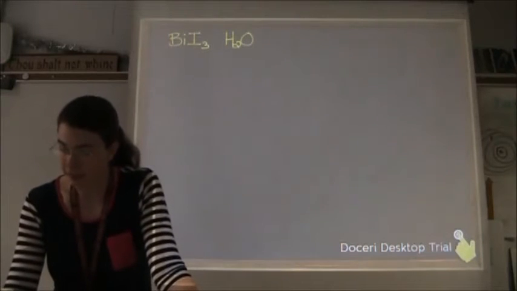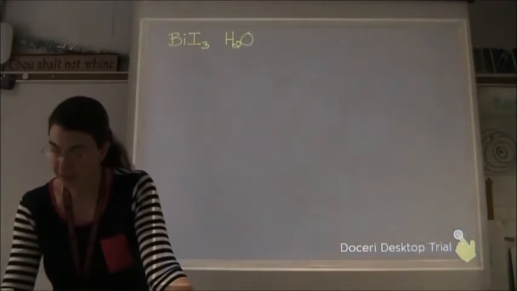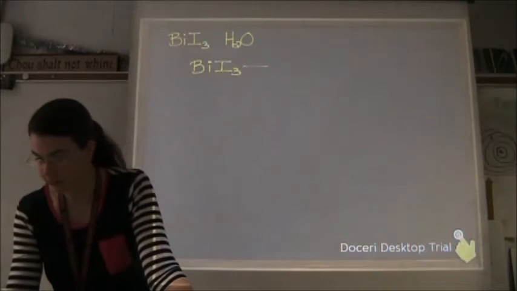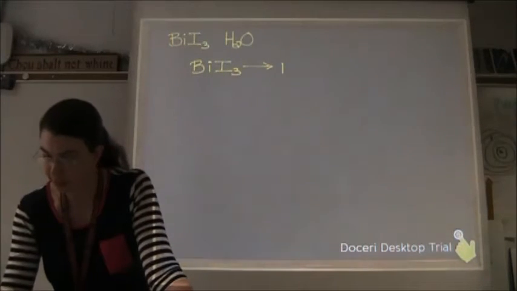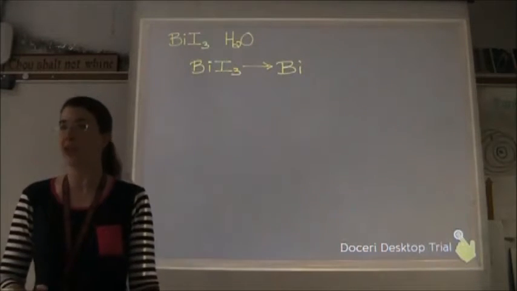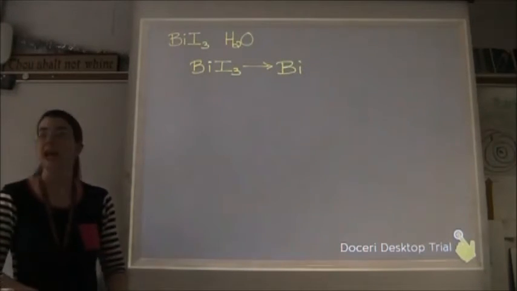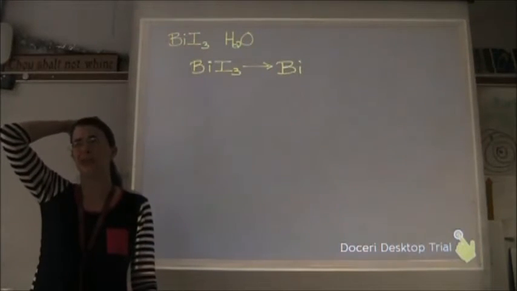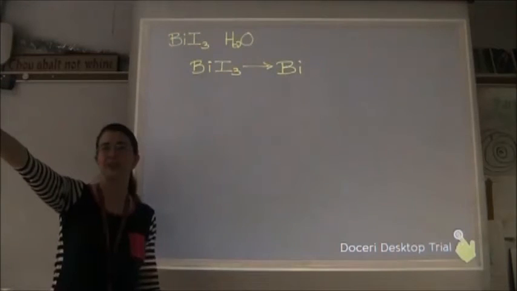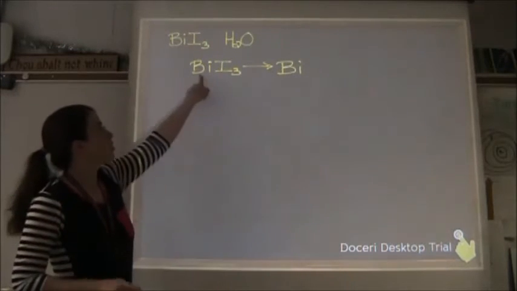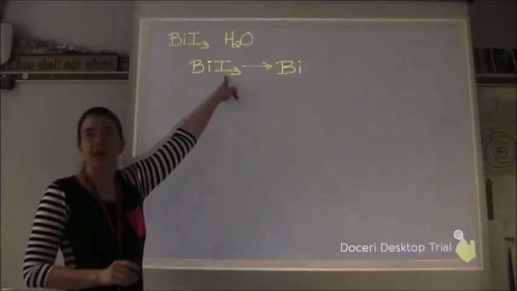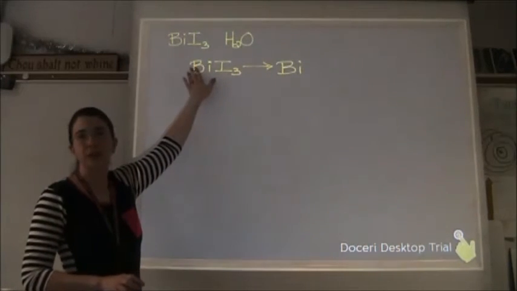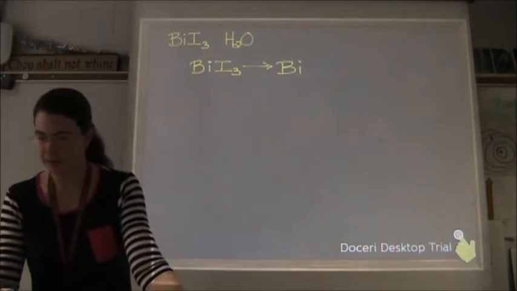Here's my reaction for how this solid breaks down. Very simple. Now bismuth, that's an element we don't work with a lot. If you're looking at the periodic table to try and figure out what its charge is when it's an ion, looking at the periodic table is not going to help you. So you don't know this one, but you guys know iodide, right? What's the charge of bismuth have to be here? +3.